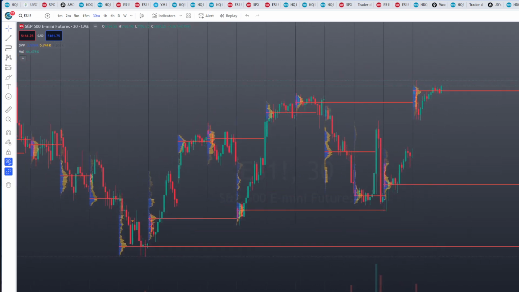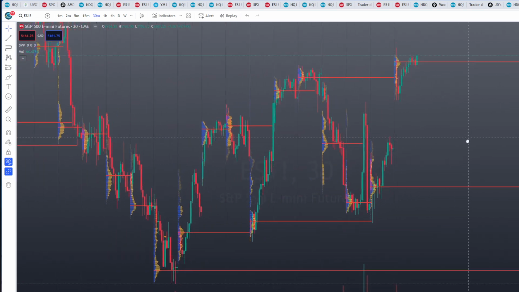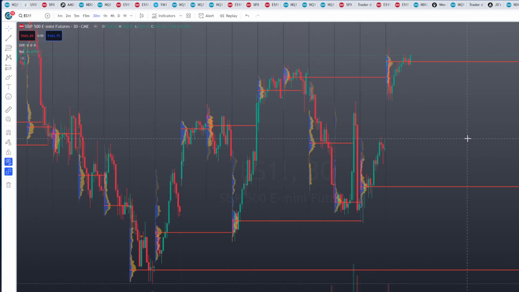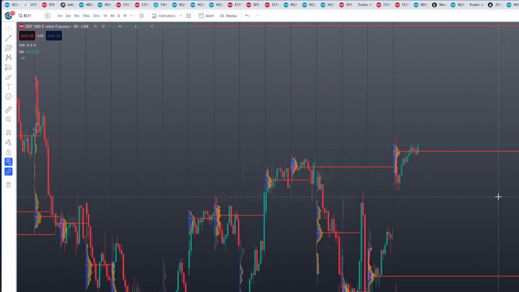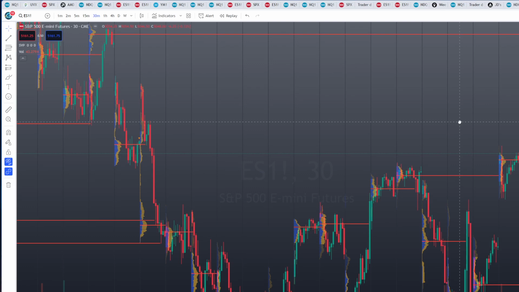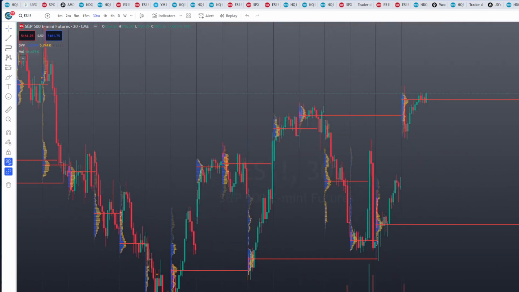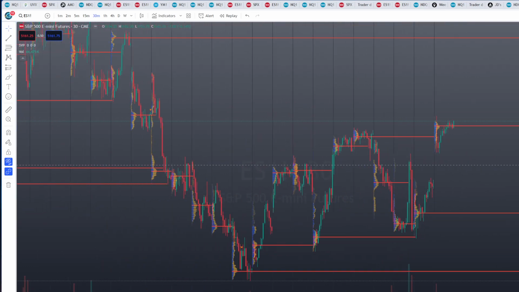It was a pretty busy week, but this is very important because on a daily chart you can see exactly what happened. The market is giving you information, it's generating data for you, to which we have to pay attention, and we have to focus on executing at those levels.